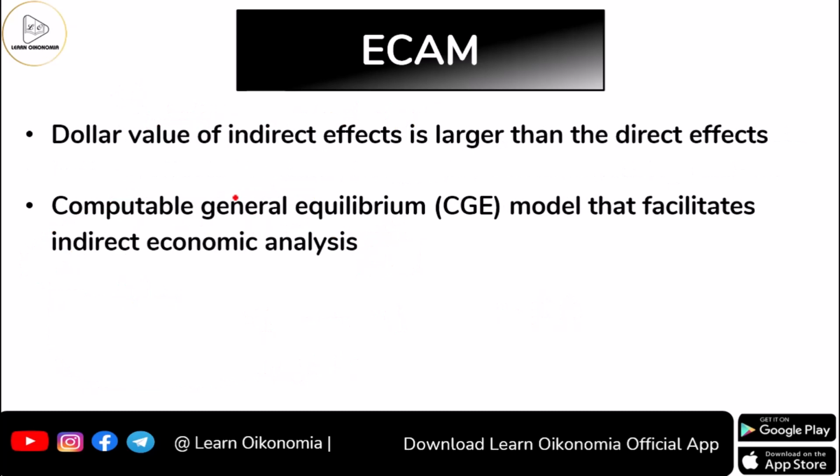In certain cases, the money value, or the currency value, which we can consider in terms of dollar value or rupee value, of the indirect effects might be larger than that of the direct effects. For example, in certain cases, an important event like a calamity would have some direct effects, and it would also have certain indirect effects, and this indirect effect might not be identified altogether.